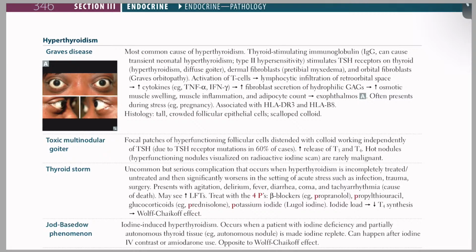Most common cause of hyperthyroidism. Thyroid stimulating immunoglobulin IgG can cause transient neonatal hyperthyroidism, type 2 hypersensitivity. Stimulates TSH receptor on thyroid: hyperthyroidism, diffuse goiter. Dermal fibroblast: pretibial myxedema.